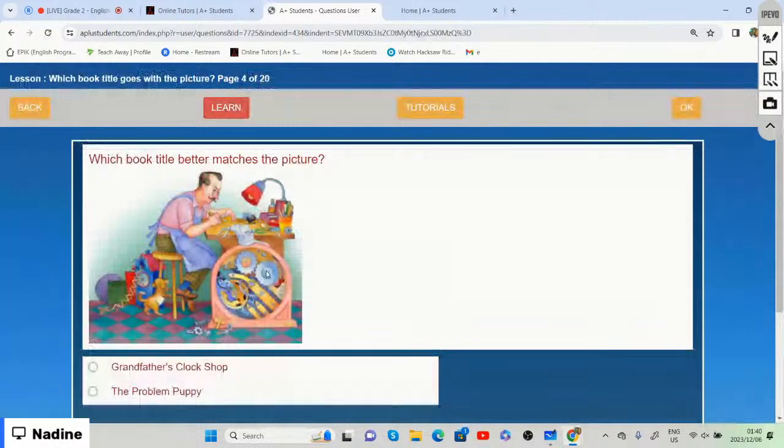And then if we look at our picture over here, which book title better matches the picture? Is it the grandfather's clock shop? Or is it the problem puppy? So is it the grandfather's clock shop or the problem puppy?